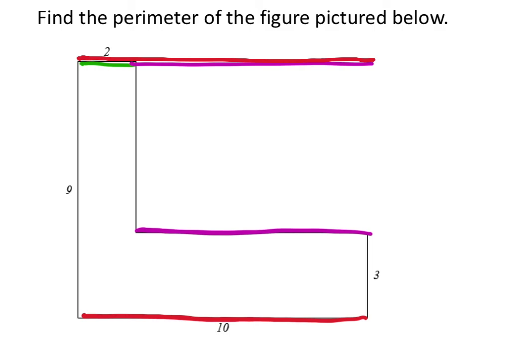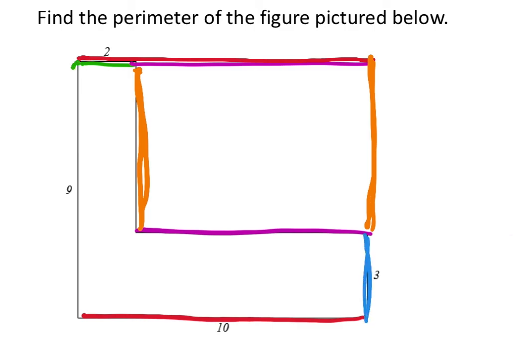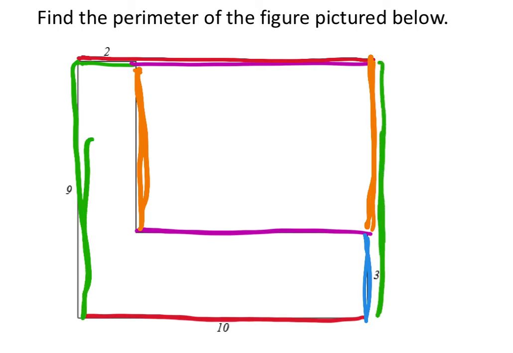And what this also means is that if I took this orange side length right here and moved it over this way, along with this side length, it actually is the same as looking at this side length right here. So what that means is I don't really need to calculate the orange or the purple.